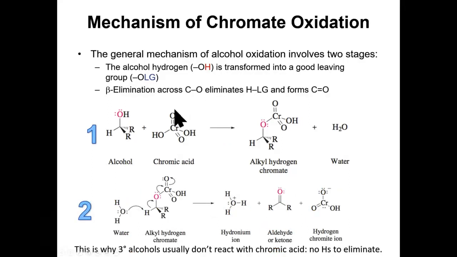Now, if you have a secondary or primary alcohol, meaning that you have at least one alpha hydrogen bound to the carbon next to the hydroxy group, what happens is this chromate will undergo an E2 elimination reaction.